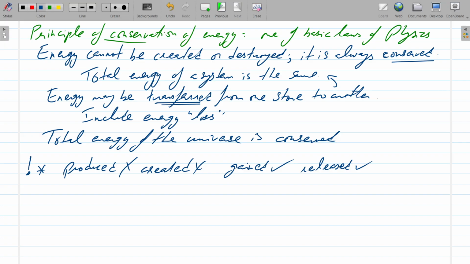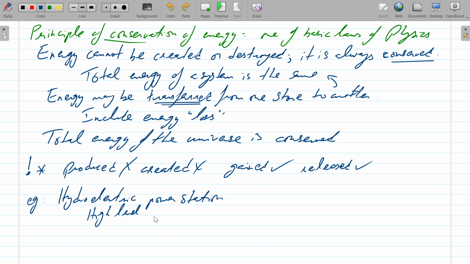They talk about a hydroelectric power station, and so you've got a high level reservoir, as I mentioned, and then the water is released downhill, and that goes to a water turbine.